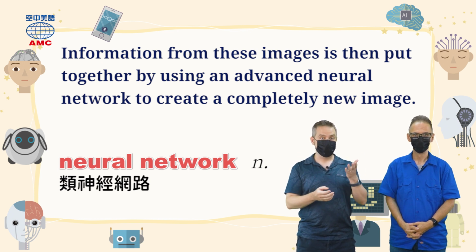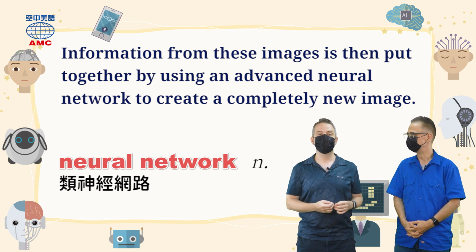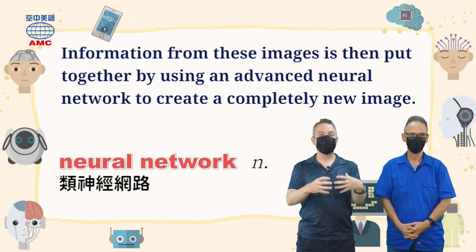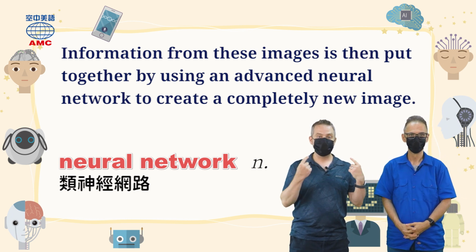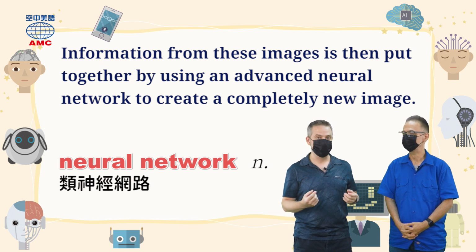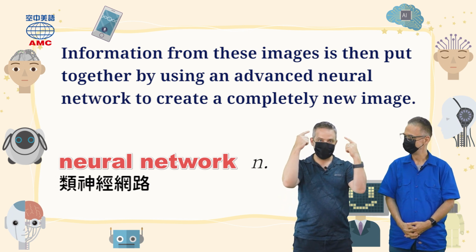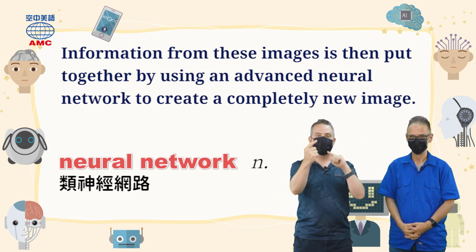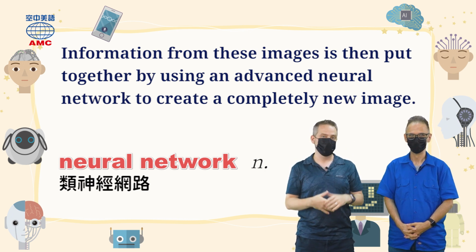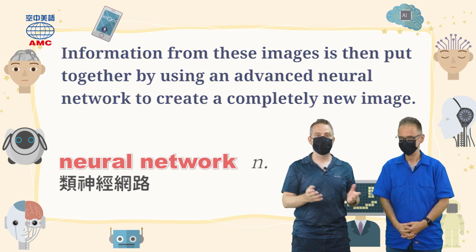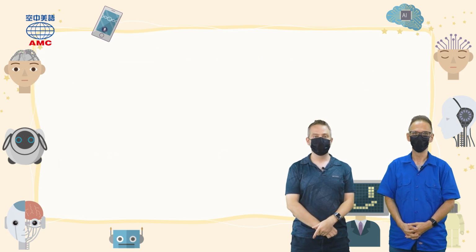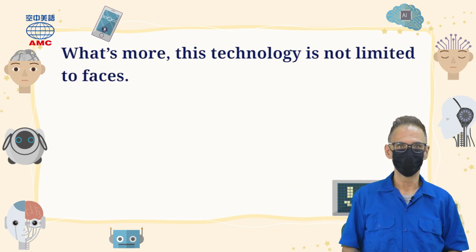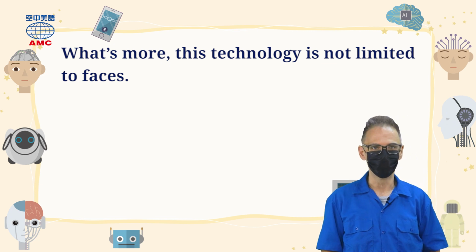It's a series of algorithms, those rule sets we talked about before, that recognize data in a way similar to the way the human brain works. It's not just one thing going on, it's a lot of things going on, making connections, putting things together, and coming up with an idea. So just think of this as like a brain. Yes. The article goes on to say, what's more, this technology is not limited to faces.